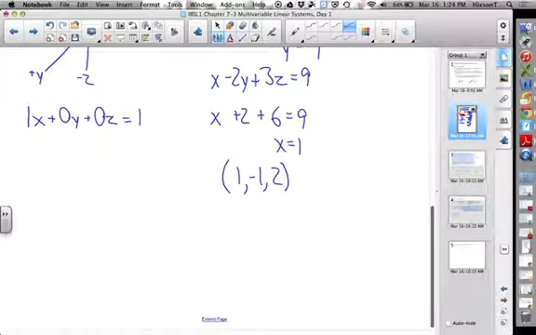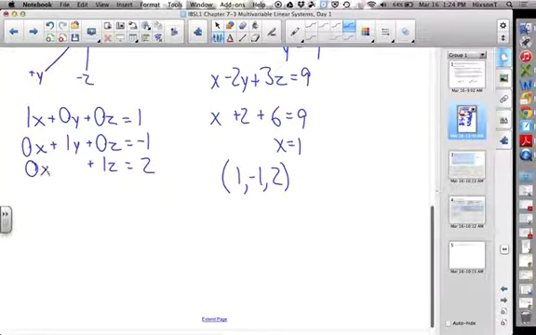Now, I could also say that no x's plus 1y plus no z's is going to equal negative 1. So y is negative 1. And lastly, z equals 2. So I could say that that is no x's plus no y's plus 1z will equal 2.